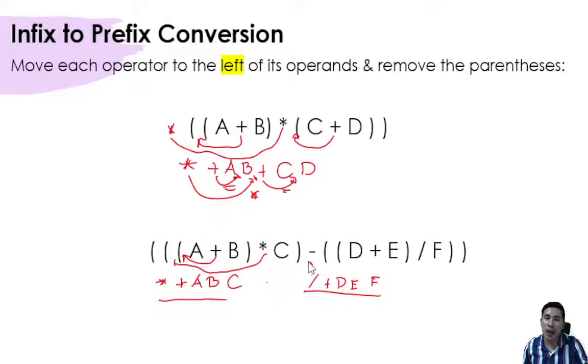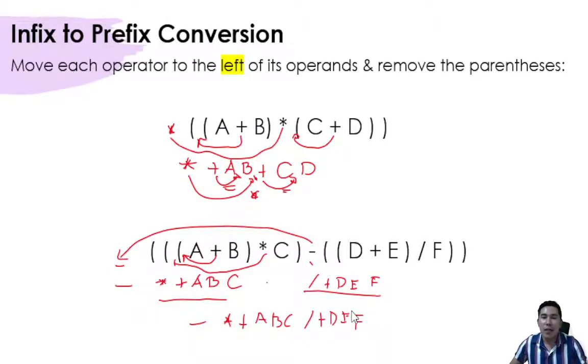Where do you put the subtract operator? It will be placed right here. Therefore, you have minus, times, plus A, B, C, and then division, plus D, E, F. So that's it for infix to prefix expression.